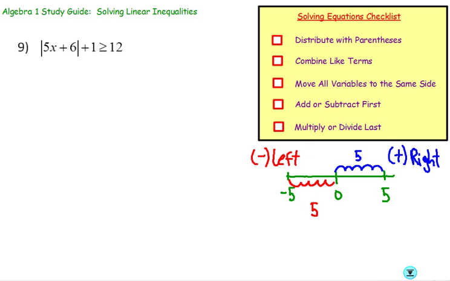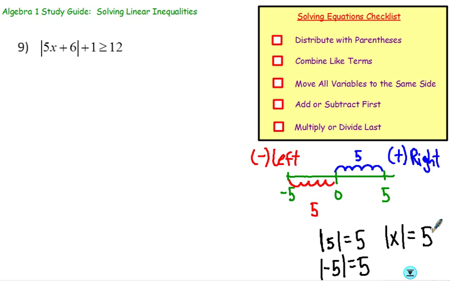Notice if I said, what's the absolute value of 5? Well, 5 is 5 away. If I said, what's the absolute value of -5? Well, -5 is also 5 away. So if I said, what number is 5 away from 0? Well, there are actually 2 possible numbers, because positive 5 is 5 away, but -5 is also 5 away.